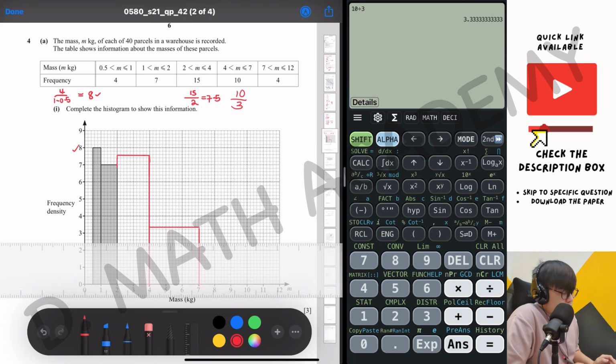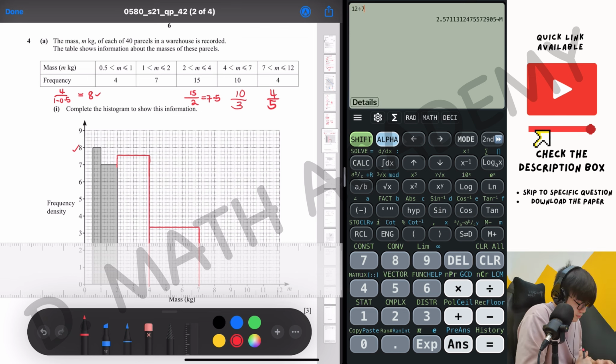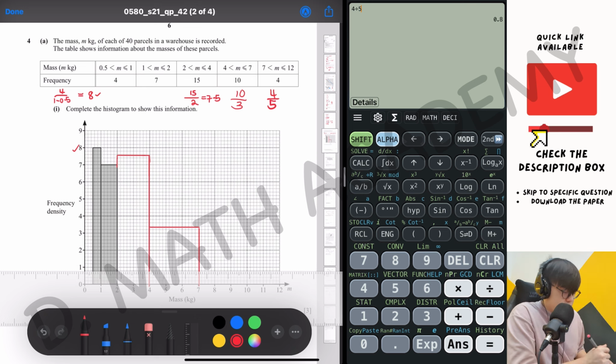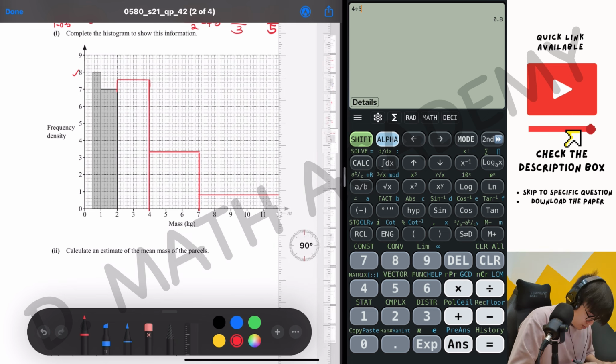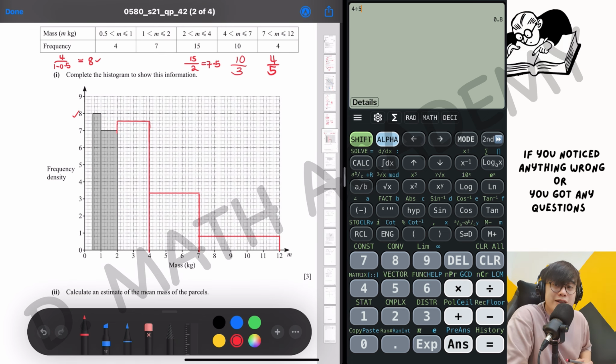Then lastly, we have 4 divided by 5. That's your 0.8, which will look something like this. So this is how you get to your final answer.